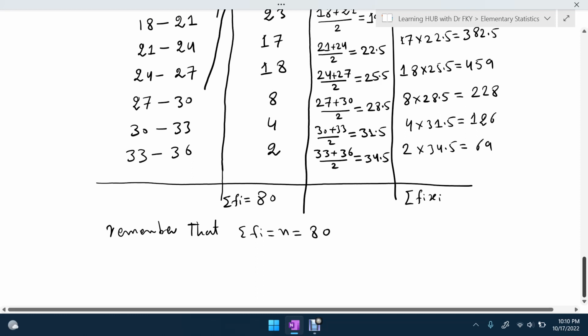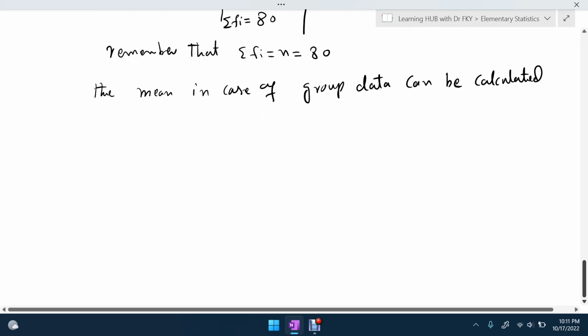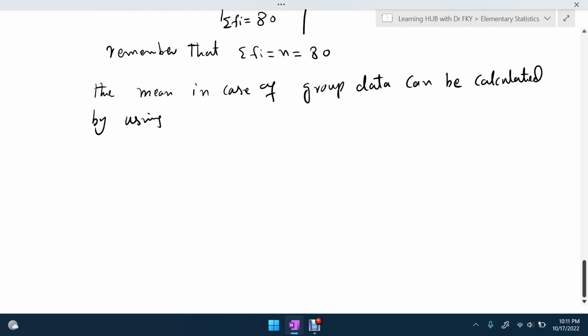Now the mean, or the arithmetic mean, in case of group data can be calculated by using the following formula.